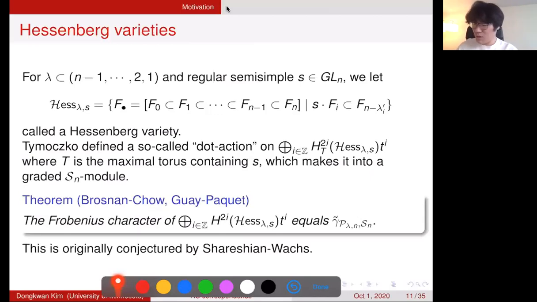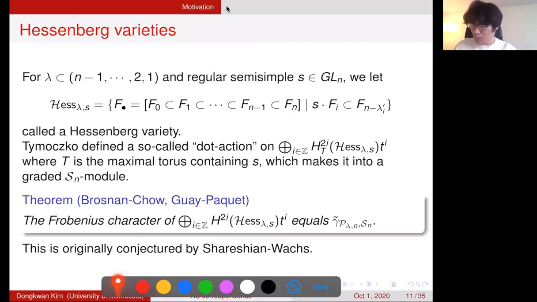Here, you want that each piece of the Hessenberg variety gives you some permutation character of the symmetric group. Well, I'm not sure whether it's true or not. It really doesn't seem like it.